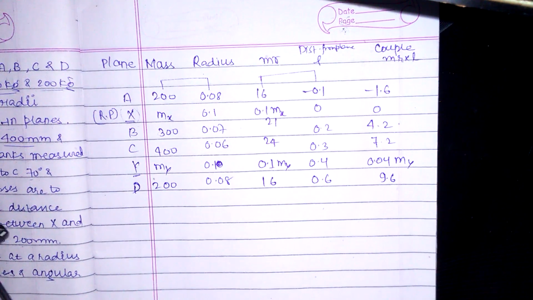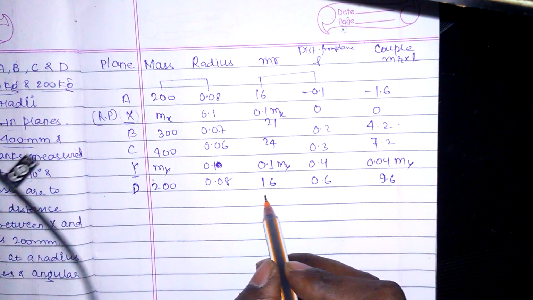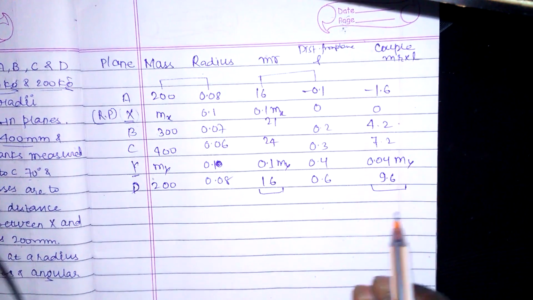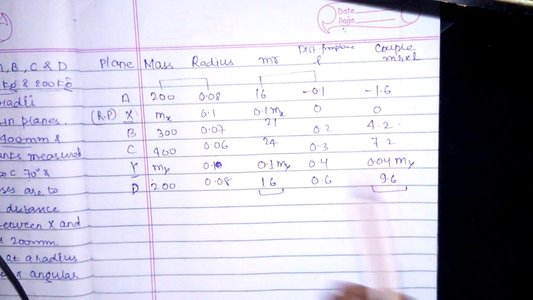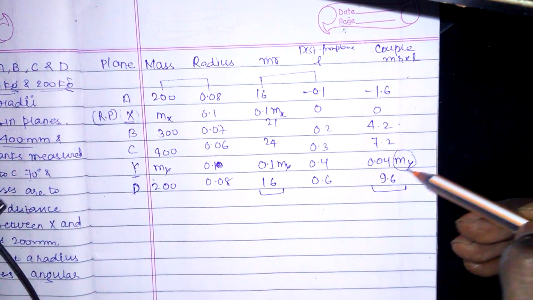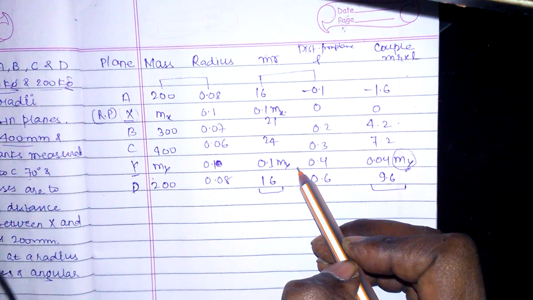Okay, here I have done all the calculations. Here we could draw two diagrams, the force polygon and the couple polygon. But here we can see that in the couple polygon there is only one unknown vector, that is my, and in the force polygon there are two unknowns, mx and my.